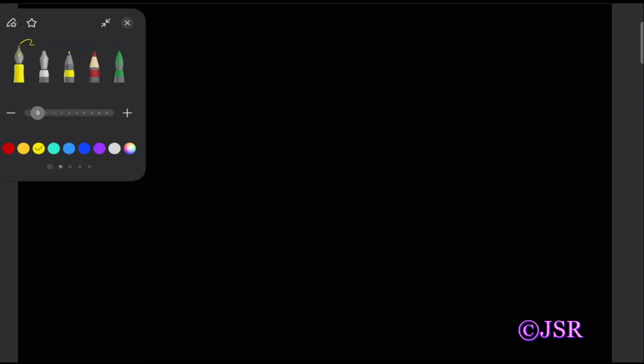So let's draw the Bode diagram as follows. Here we will have y-axis and here we will have x-axis.